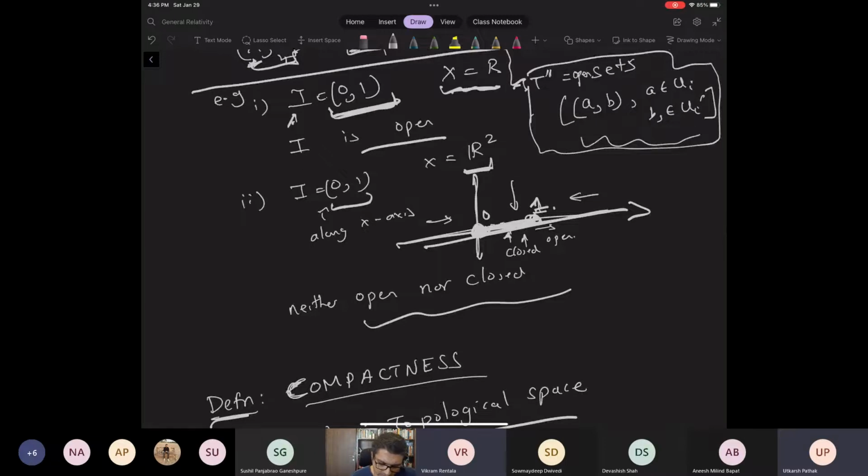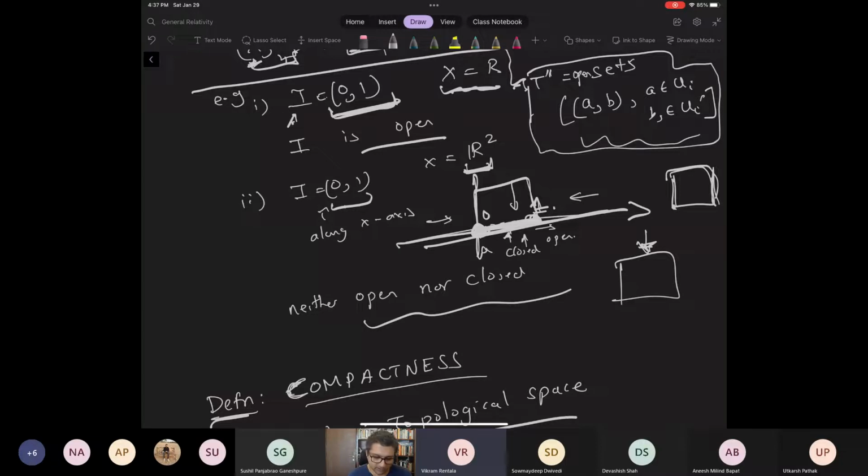Like you described. Yeah, so if I want an open set in R square, it would be something like this. I can imagine a square like this, without the boundary, right? That would be an open set in R square, and unions of these would also be open sets in R square.